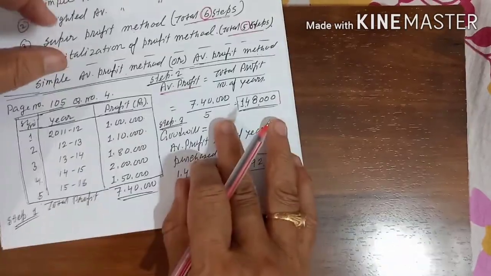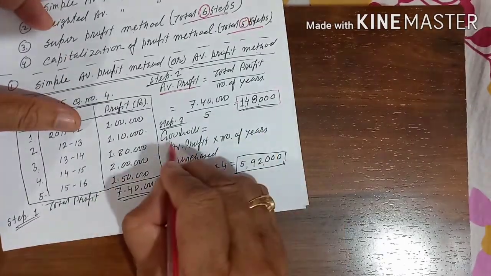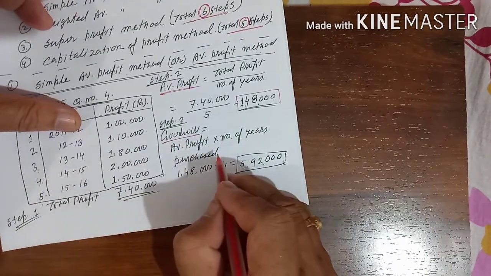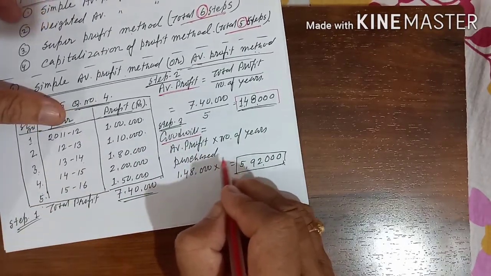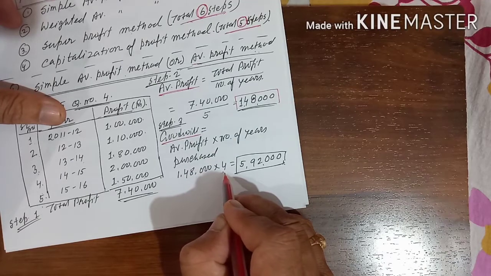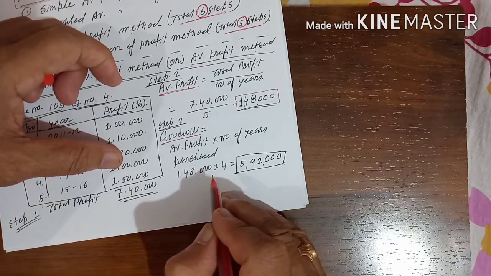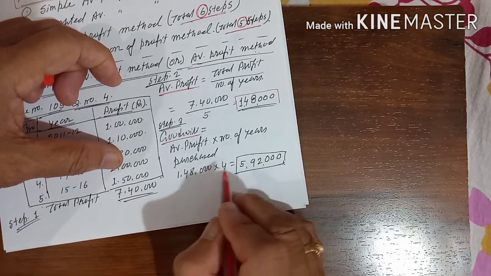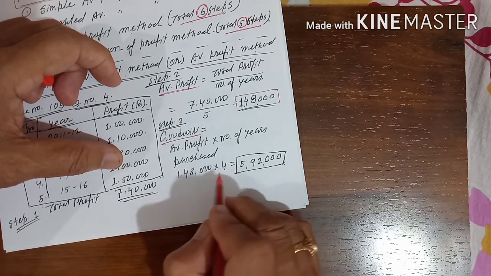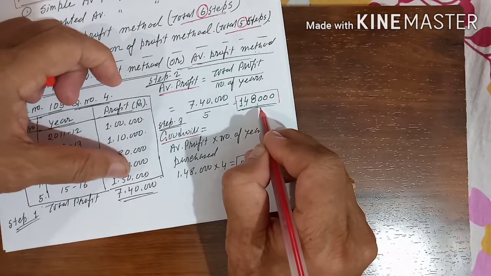Now you are going to find out the goodwill. In your question it is given that goodwill will be calculated on 4 years' average profit. The number of years of average profit will be given in the question. Whatever number is given, it will be multiplied with this average profit.